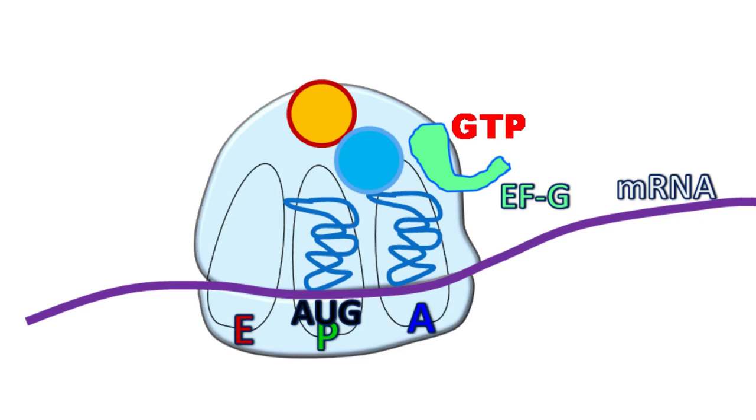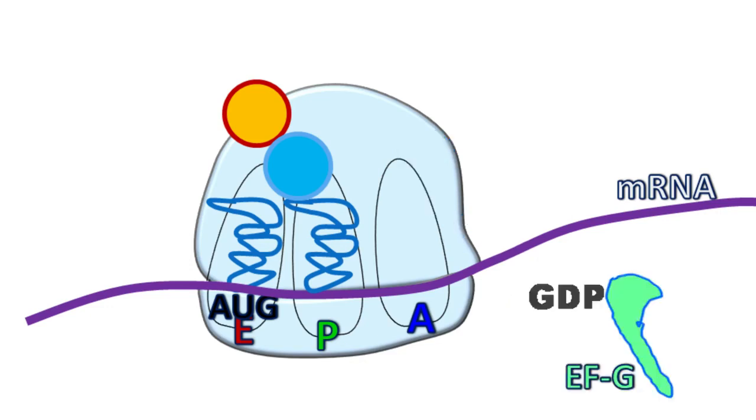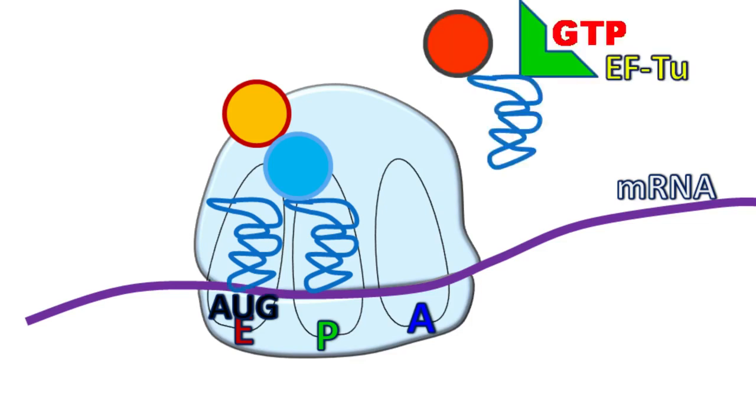As a result of this conformational change, the tRNA carrying two amino acids at the A site shifts to the P site of the ribosome. The elongation of translation continues till the stop codon is reached.